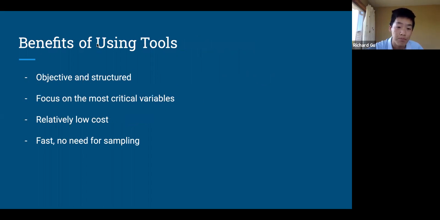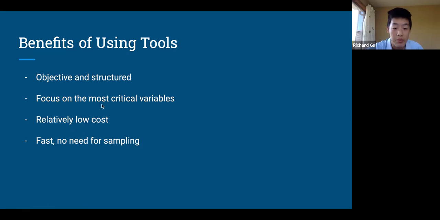So the industrial hygienist has to deal with a lot of different things in the workplace, since every workplace is different. And as a result, they typically use some tools to help them. Benefits are that they're objective and structured, and they focus the hygienist on the most critical variables, so that they won't be distracted by unnecessary stimuli that will get in the way of their decision making.